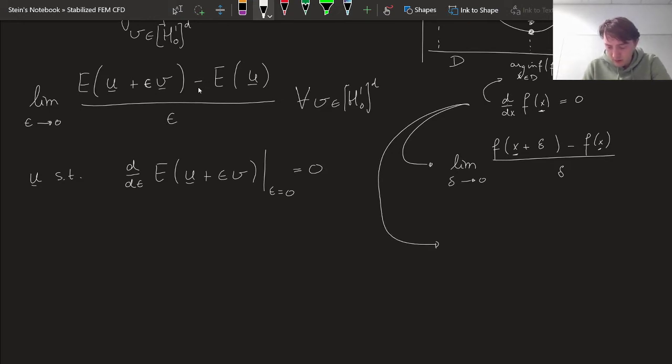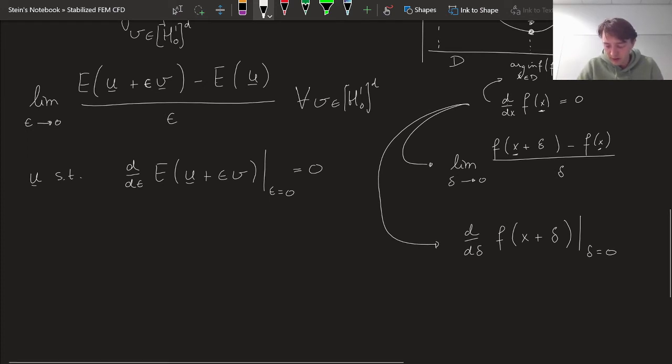I could say, well, I'm going to take f at x plus delta, and I'm going to take d by d delta now at the point where delta is equal to 0. So that's kind of the same thing as what we have here on the left now. Does that make sense? Let's try to again think about what is the derivative. Well, that was this limiting statement here.